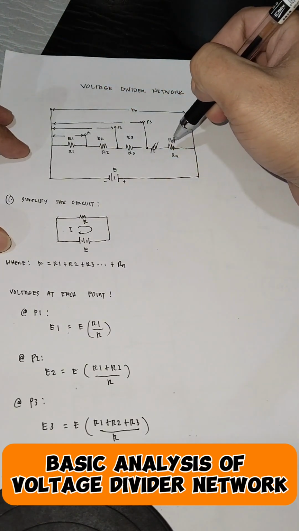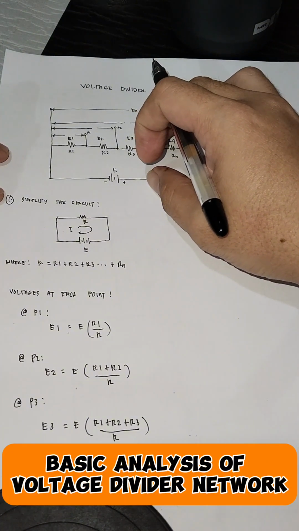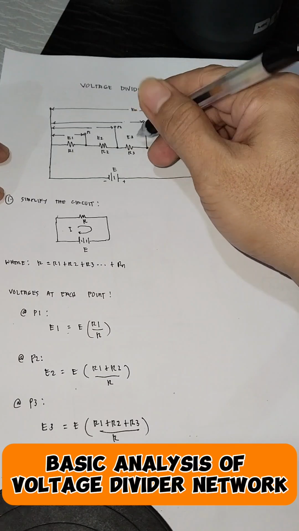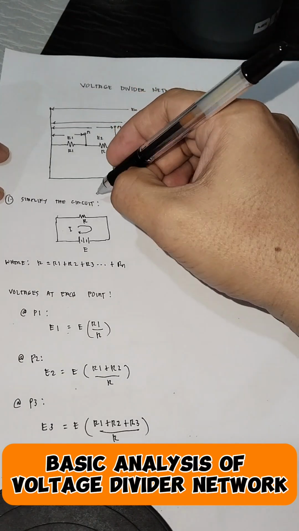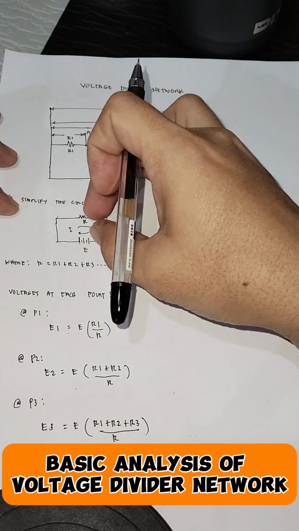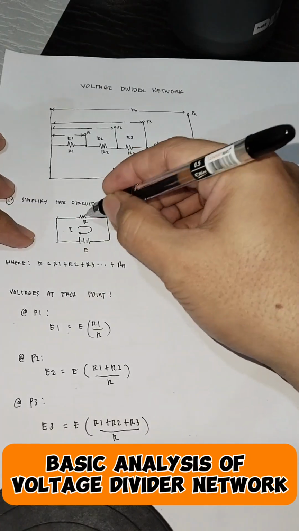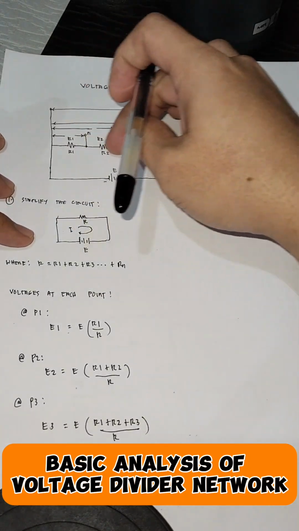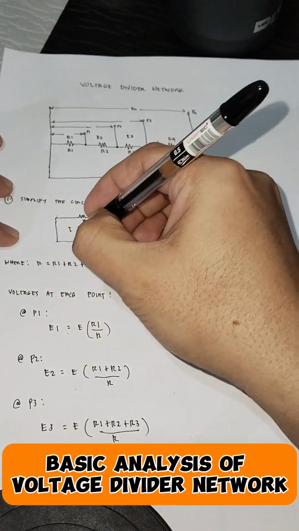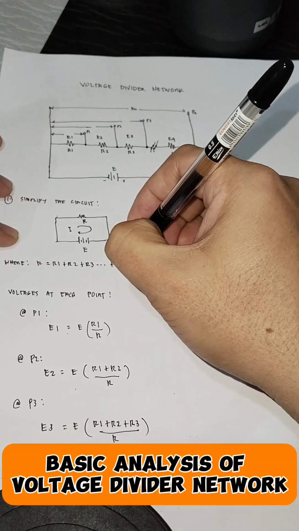So with this, for number one, we will simplify first the circuit into this, the simplified circuit for this one. Since this is connected in series, R is equal to R1 plus R2 plus R3 plus Rn.